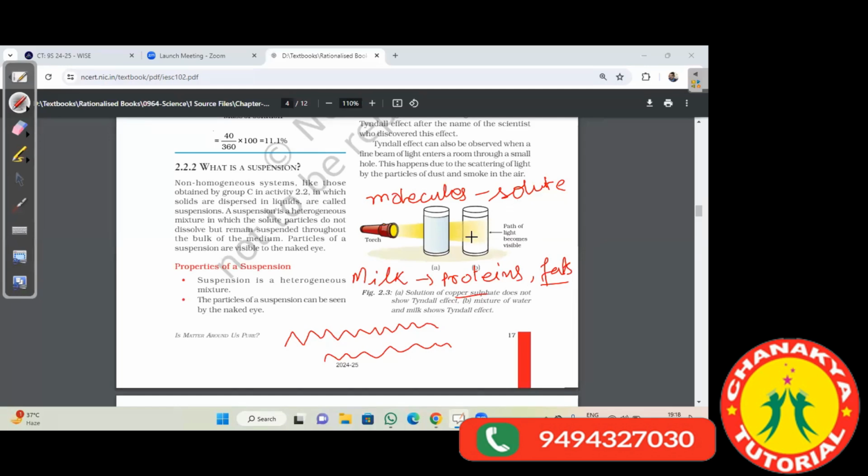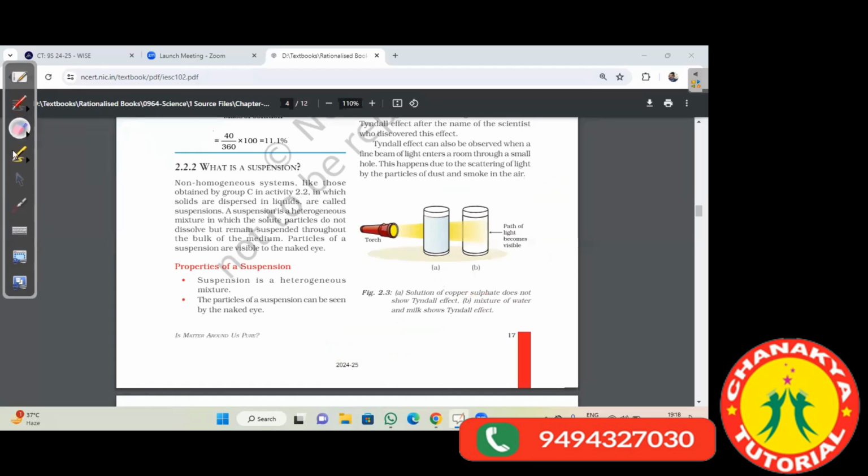We can see the light traveling through the solution. You can observe this through milk, through a soap solution or detergent solution, and through a starch solution.